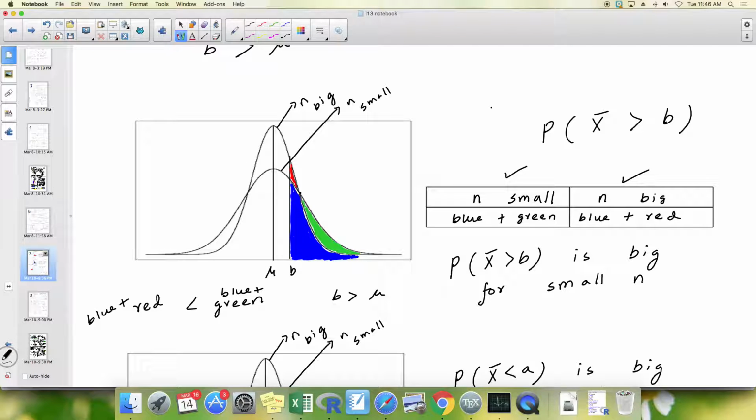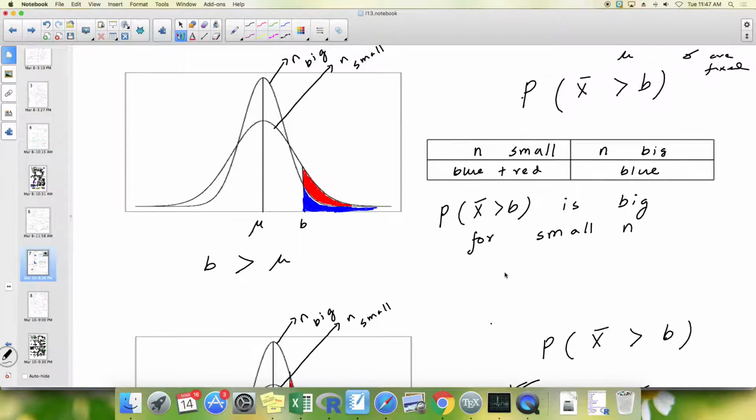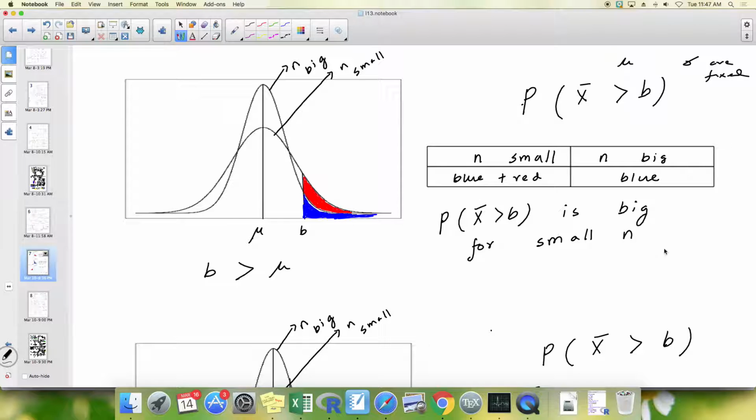That's basic algebra. And hence we have blue plus green is the bigger one, and that's for n small. So once again we have the same result. For smaller value of n, the right tail is bigger. Here also, for smaller value of n, the right tail is bigger.